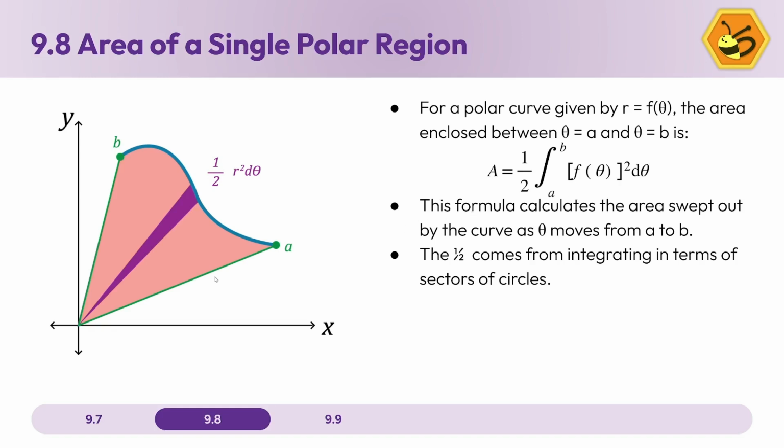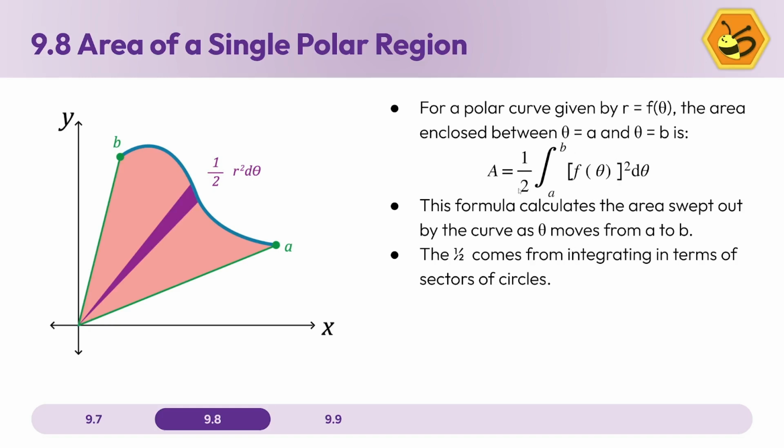And basically this is calculating the area swept by the curve as theta moves from a to b. That's just a fancy way of saying the area underneath this curve. But that's why we want to use the word swept instead of underneath, because it's in relation to our origin point. So it's not exactly under, so under in quotes, but it's a similar idea.